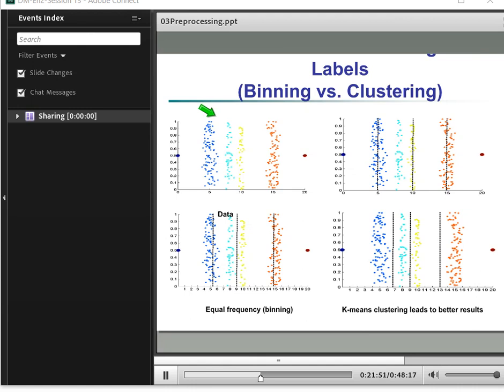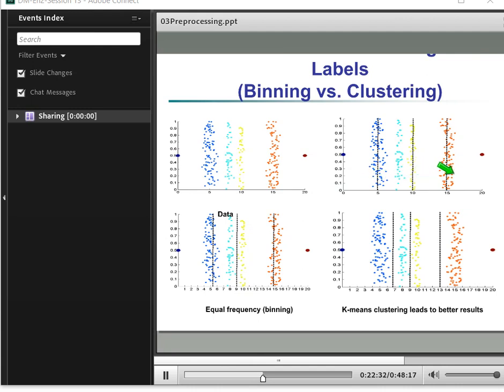See this example here. We have some data objects scattered in a 2D space with 4 different colors, like this. In the top right, you can see the results for binning using equal width.